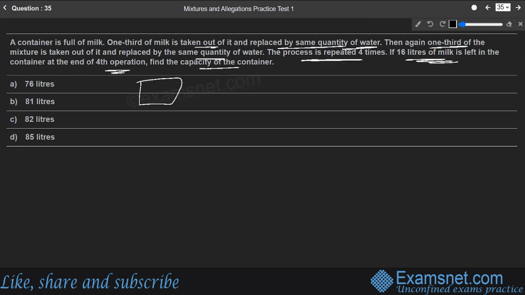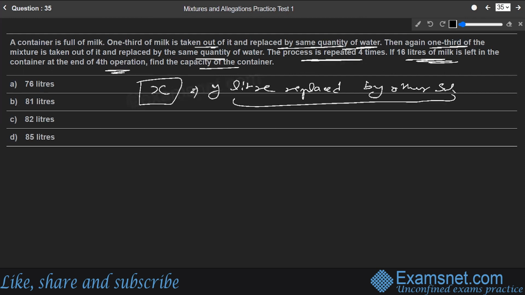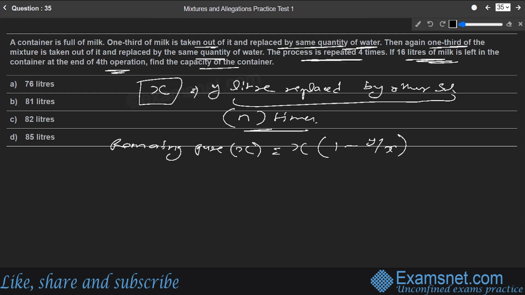If x liters of something pure is available, and y liters is removed and replaced by some other solution, and this process of removing y liters and adding y liters of another solution is done a total of n times, then the remaining pure part of x after n such steps is x multiplied by (1 minus y over x) to the power n.